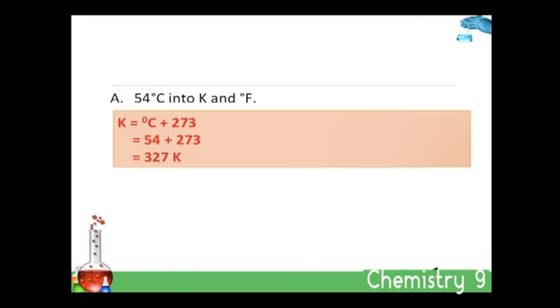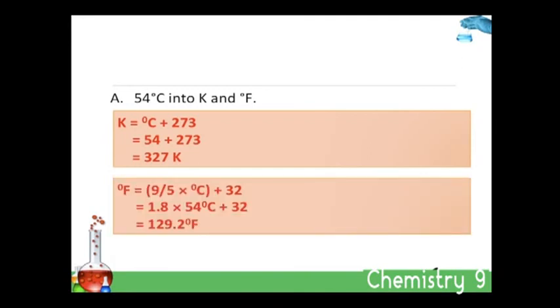For Kelvin, we add 273 to get 327 Kelvin. For Fahrenheit, we have to multiply the degrees Celsius by 9 divided by 5 and add 32 to get 129.2 degrees Fahrenheit.